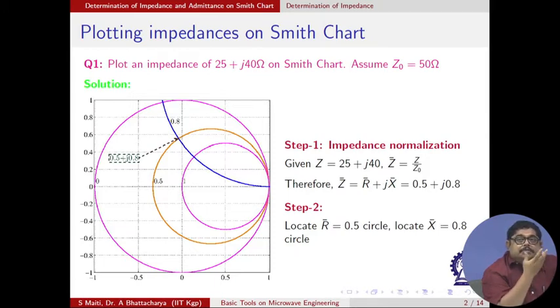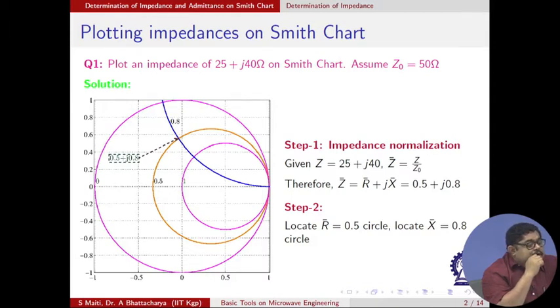First you normalize the impedance with respect to the characteristic impedance, 50 ohm. So, Z bar is the division by Z naught, and you get R bar is 0.5 and X bar is 0.8.